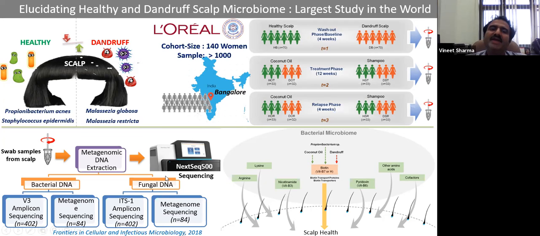So we carried out the study using amplicon, ITS sequencing for the fungal and their metagenomic sequencing also, and looked at the role of both fungal and bacterial microbiomes in what benefit they provide to the host in the healthy state, and how this healthy state is disturbed in the case of dandruff.